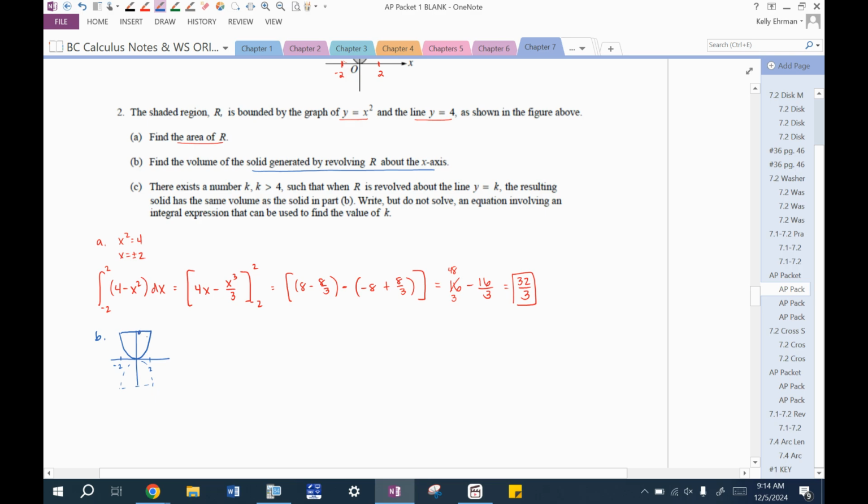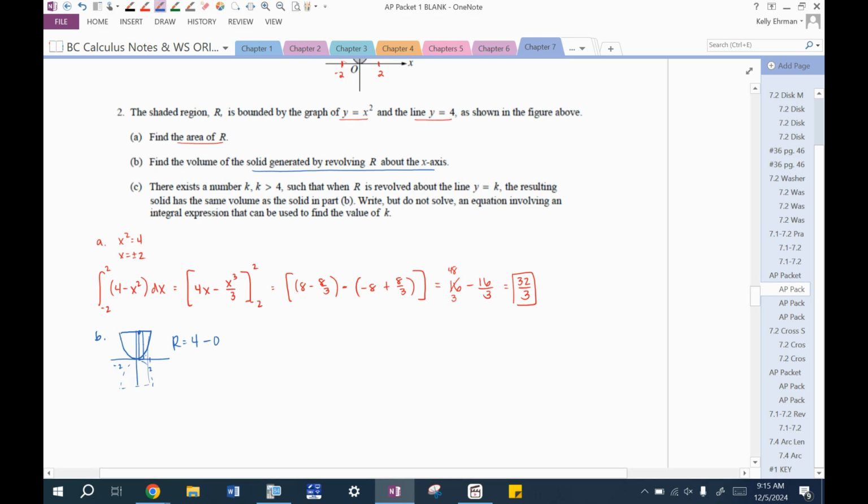So you're always connecting back to the axis of rotation. So the outer part connects from the line y equals 4 to the horizontal x-axis, which is 0. So the outer radius, if you spin this around, you're going to get this cylinder, and it just has these two funnels kind of cut out of it.